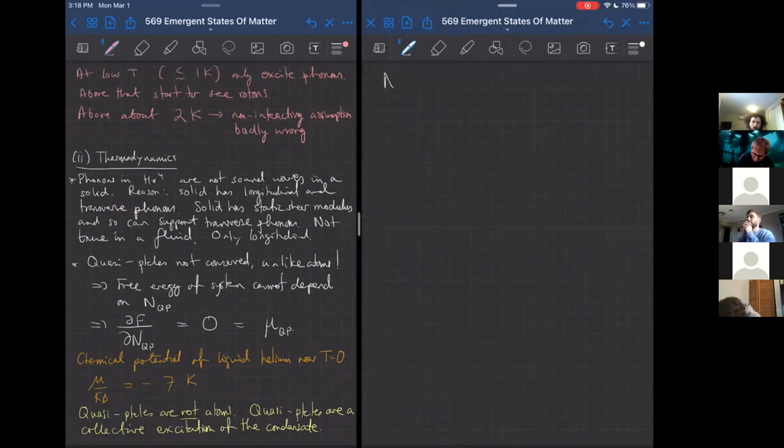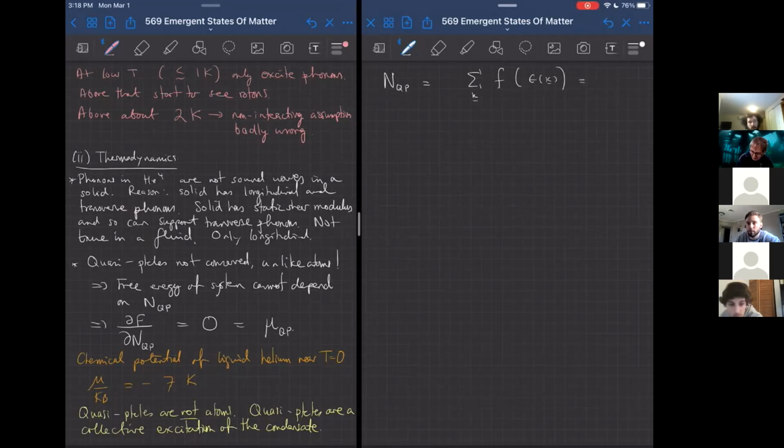What I'm going to do is write down the number of quasi-particles. That's going to be the sum over wave number states or momenta k of the Bose-Einstein distribution function, which is a function of energy minus mu. Mu is equal to 0, so it's just a function of energy.